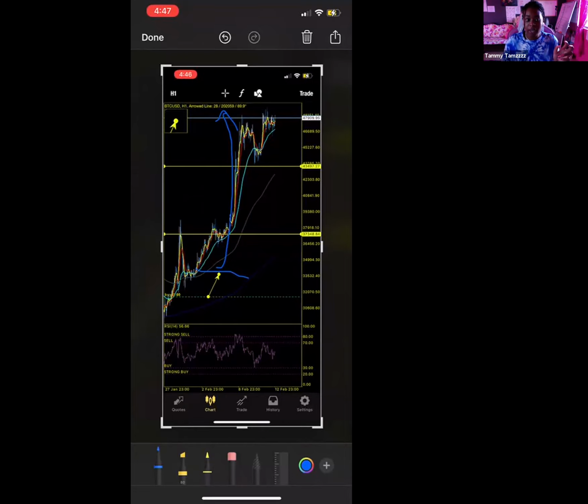For Bitcoin, a 6-digit is the first 4, a 5-digit is the first 3, and a 4-digit is the first 2. I hope that was clear. So this is a 6-digit count here, which means it's the first 4. So this is pretty much 2,000 pips.